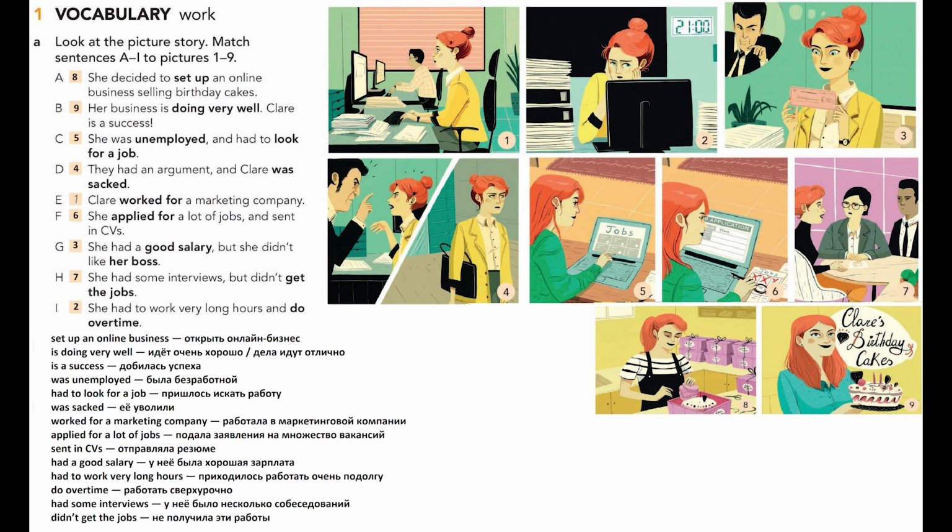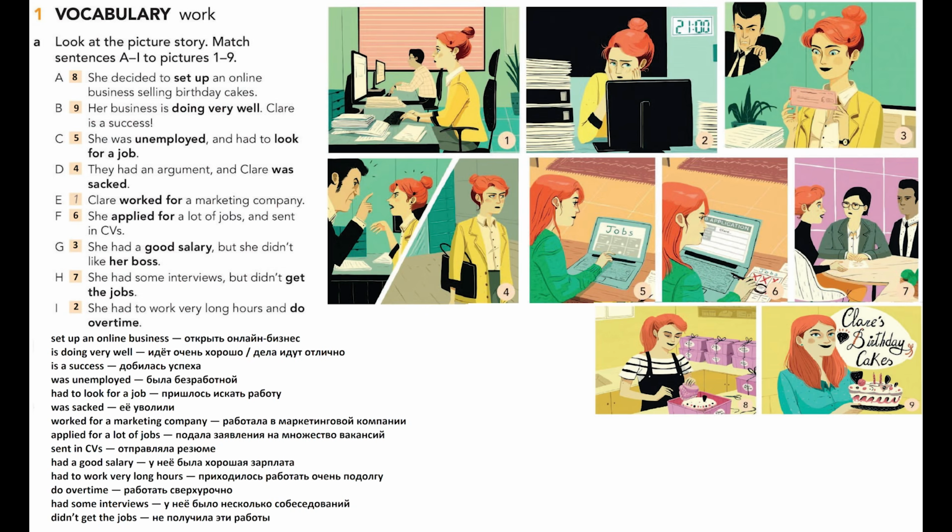E 1. Claire worked for a marketing company. I 2. She had to work very long hours and do overtime. G 3. She had a good salary, but she didn't like her boss.